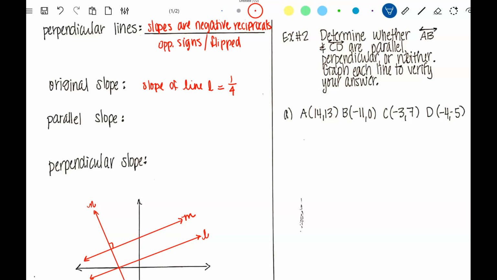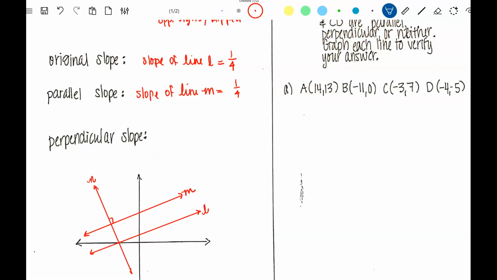Since line M is parallel to line L, the slope of line M is also equal to 1/4, not negative. Line N is perpendicular. It's the negative reciprocal. So since line L is positive 1/4, negative reciprocal means the slope is going to be negative, and then we flip the fraction, so that's 4/1.